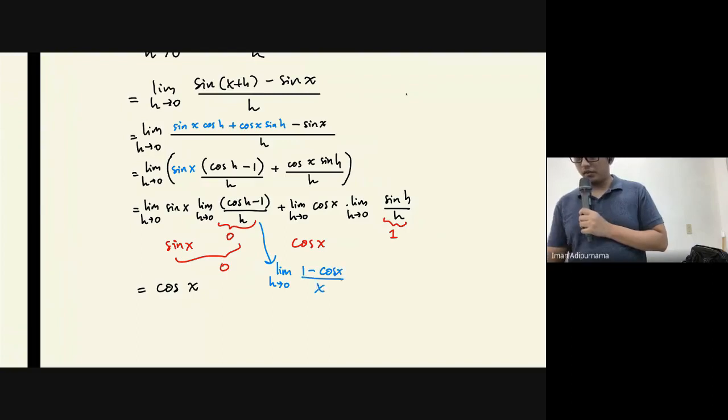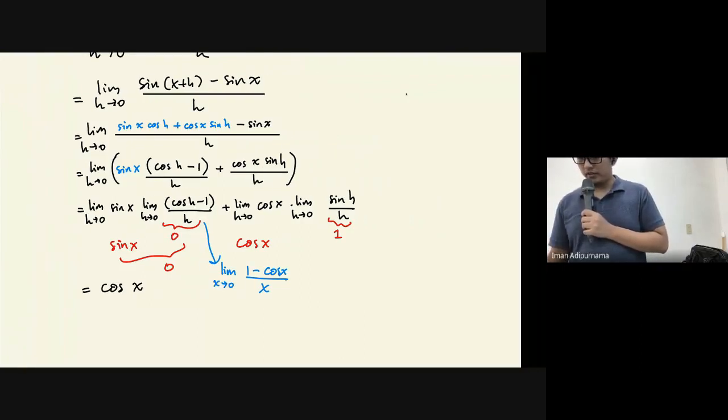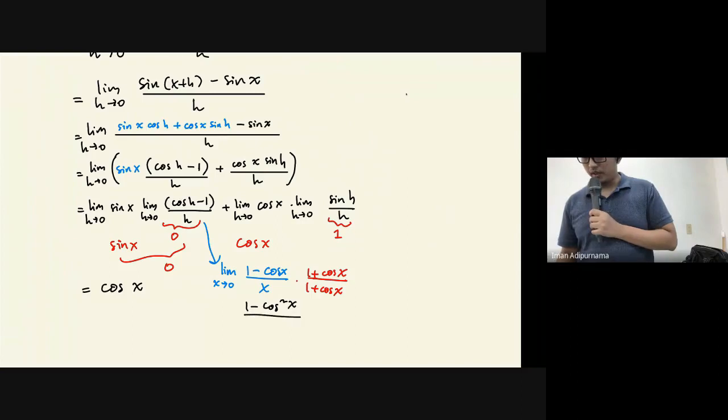If I have these functions with limit x goes to 0, I'm going to multiply with 1 plus cos x, and it will be 1 minus cos squared x, and this can be sine squared x. The other one here becomes 1, and this is 0. So that's why it's 0.